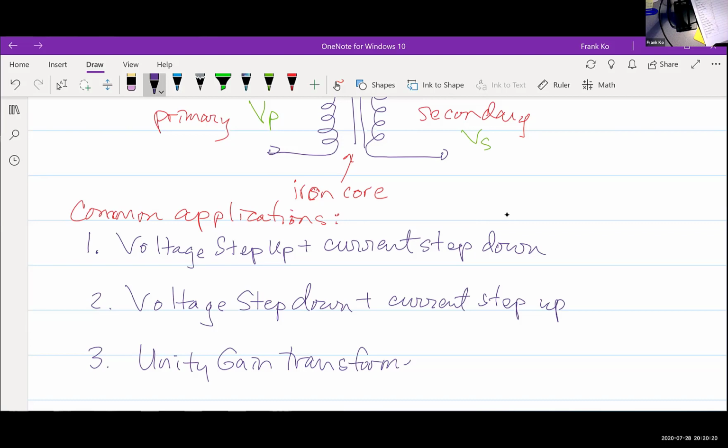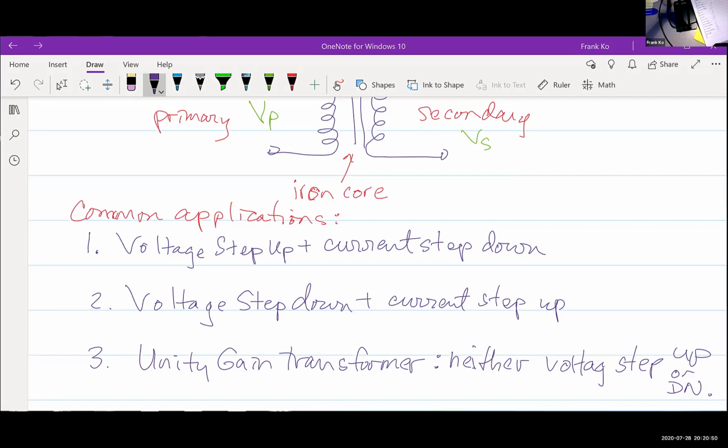And what this means is neither voltage step up or down. So your transformer applications very commonly is going to be voltage step up, current step down, or voltage step down, current step up, or unity gain transformer.